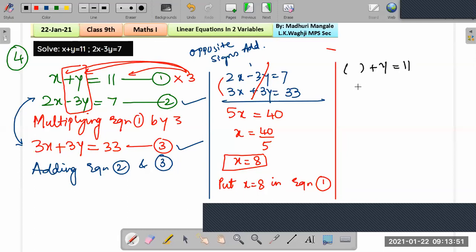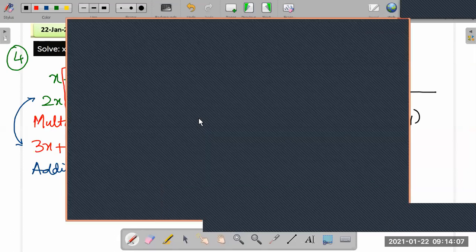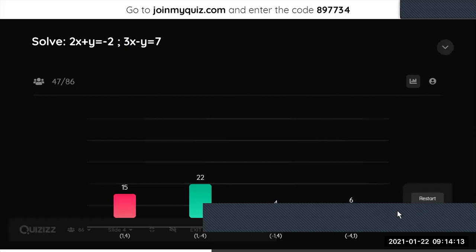I guess you all have got the answer. That is 8 plus y equals 11 and you'll get the value of y. Once you get the value of y, enter in the solution in x comma y format. Okay. So once you get the answer, you go to the quiz link and there I'm going to start the next question.